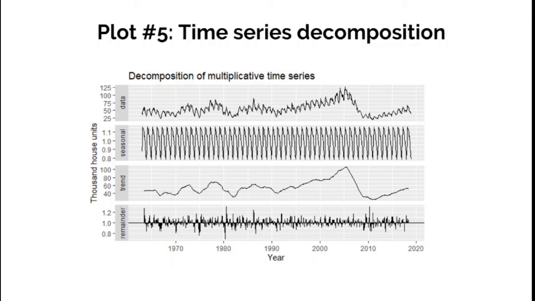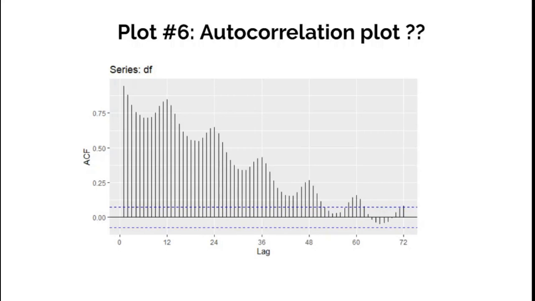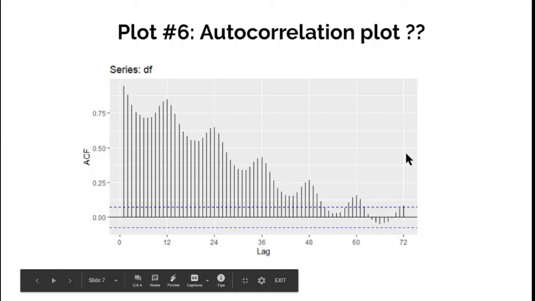The final plot I'm going to talk about is the autocorrelation plot, and it's not very intuitive, it's not very easy to understand, but it's a very important plot in advanced time series data analysis and forecasting. Specifically, if you want to forecast time series data using advanced methods such as ARIMA or exponential smoothing, you need to understand the autocorrelation.